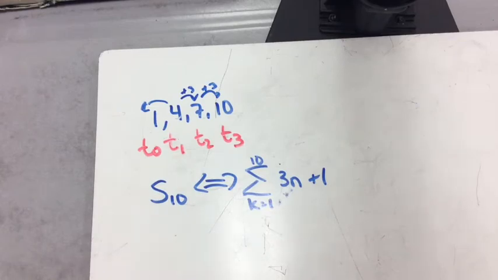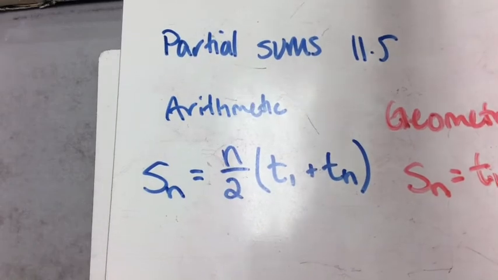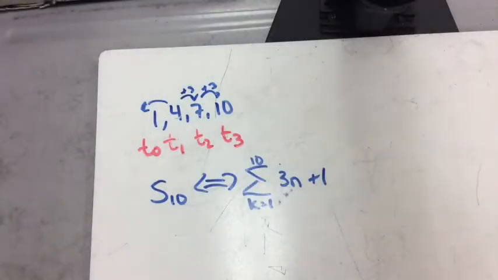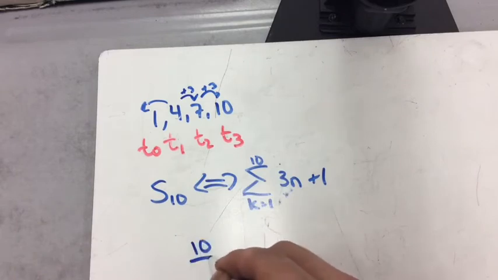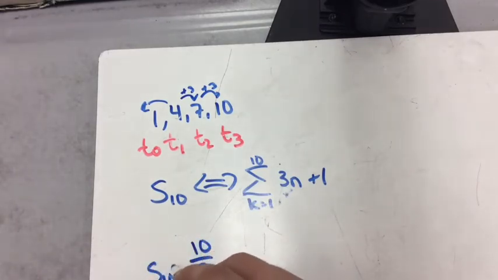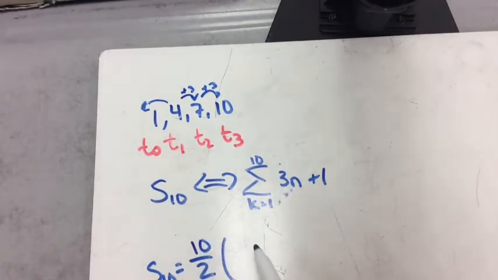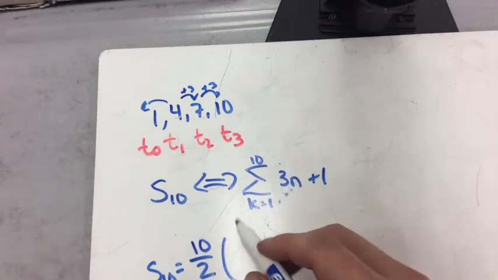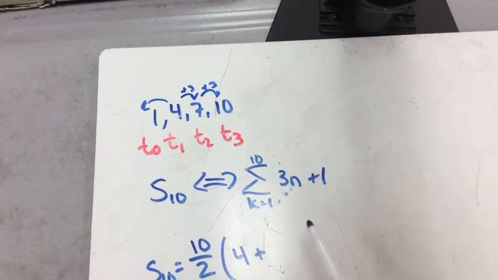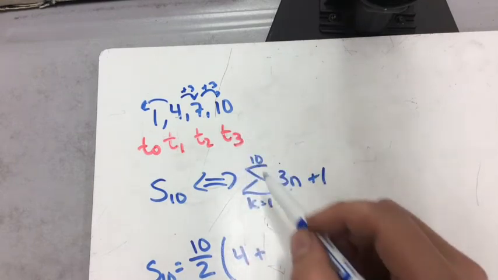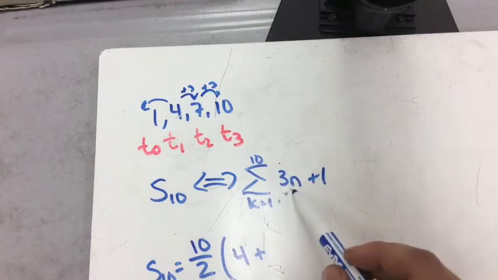And the way we do that is we just plug it right into our arithmetic formula, okay? So s of 10 is going to be 10 divided by 2 times the first term, which was 4, plus the nth term, which is, we would need to find t of 10.